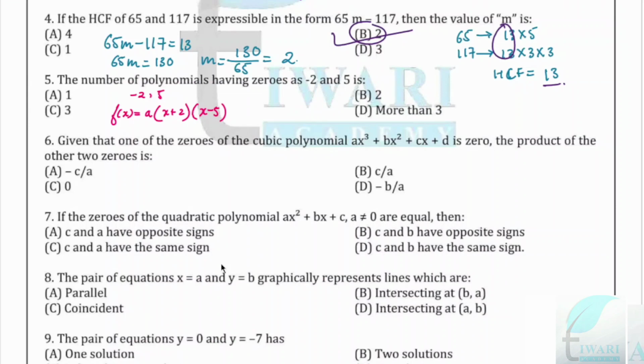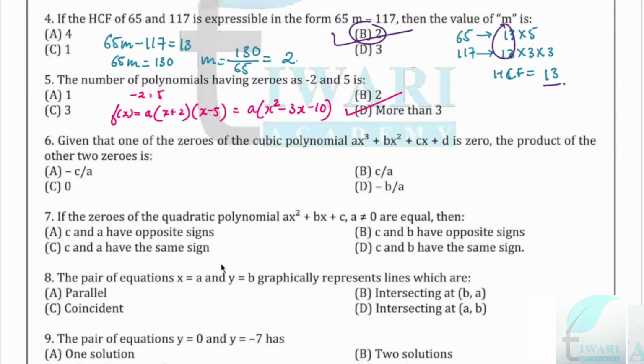So the polynomial formed here is a into x square minus 3x minus 10. So a can be any real number, sorry, a can be any positive integer. So there are infinitely many solutions. So option D, more than 3 polynomials, is the right answer.